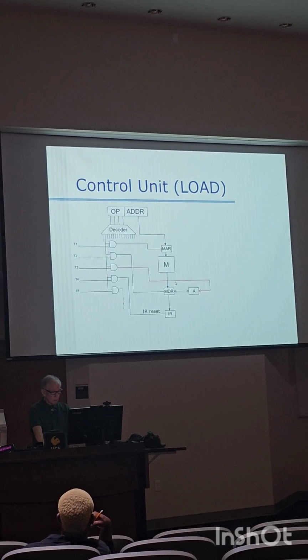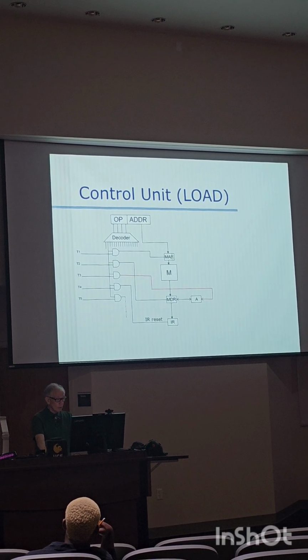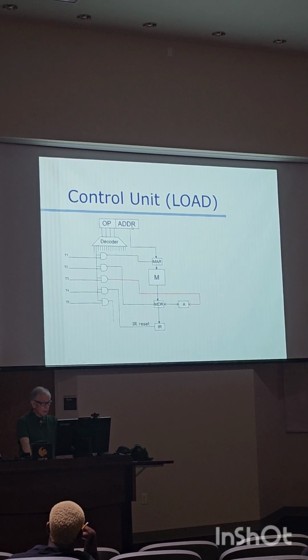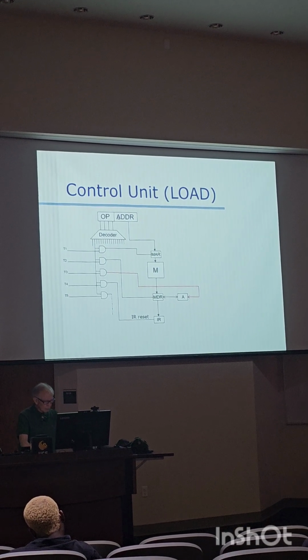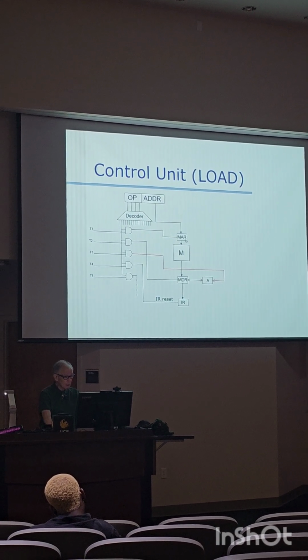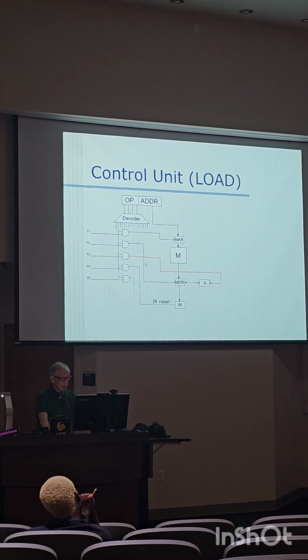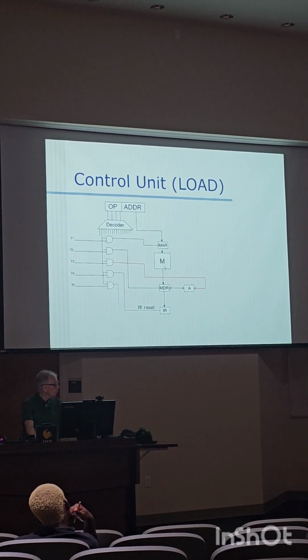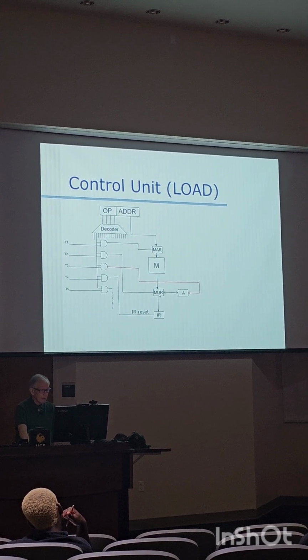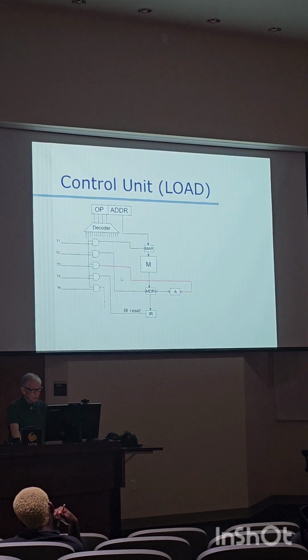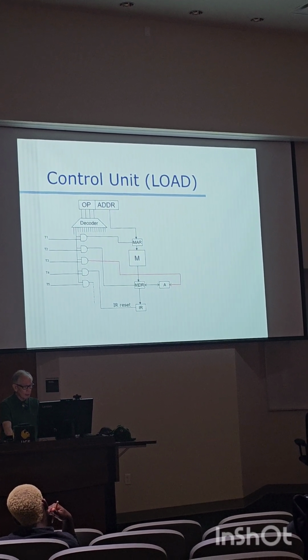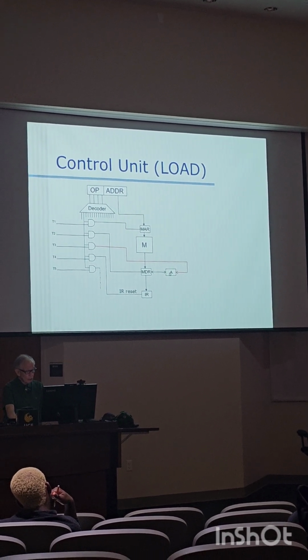We send the value from the instruction register to the memory address register to access memory. The second clock tick gets a data value from memory. The third one goes into the accumulator because we're going to copy what is in the memory data register into the accumulator.